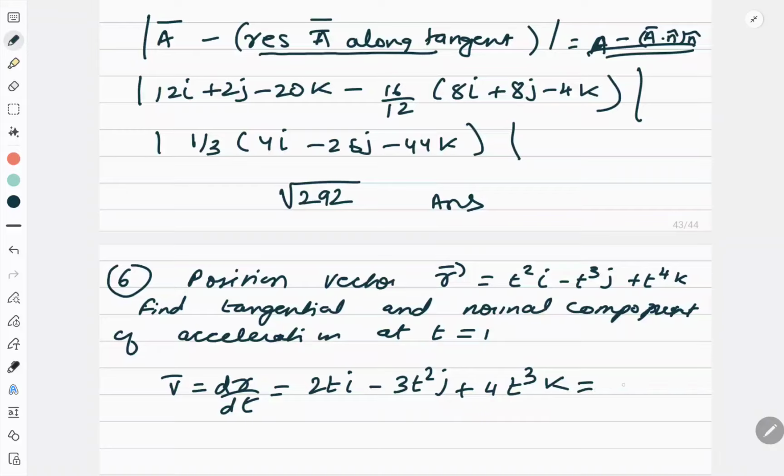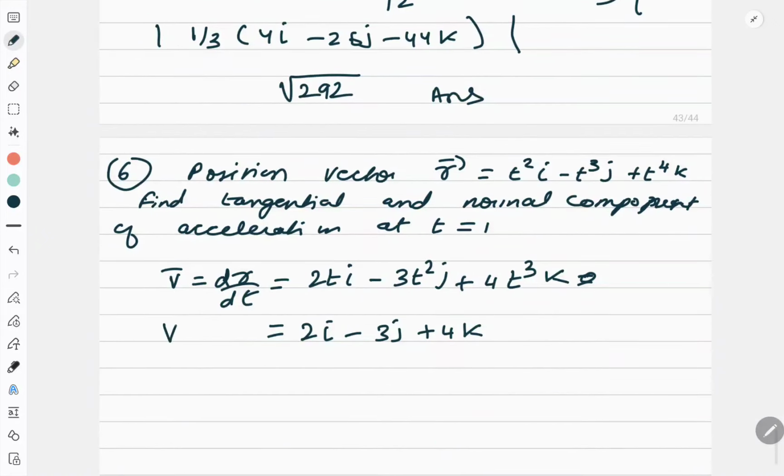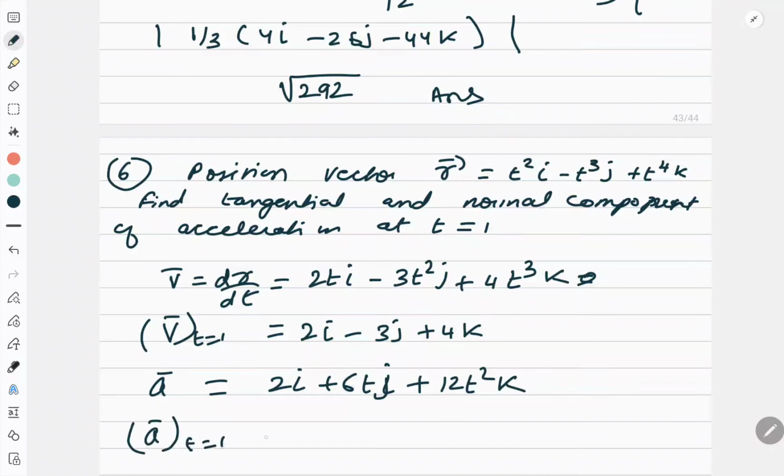At t is equal to 1, this will become 2i minus 3j plus 4k. Okay, so this is velocity at t is equal to 1. Now acceleration is equal to 2i plus 6tj plus 12t square k. Acceleration at t is equal to 1 is 2i plus 6j plus 12k.